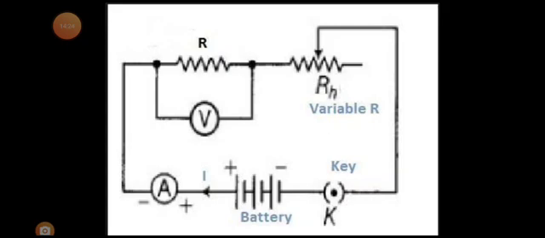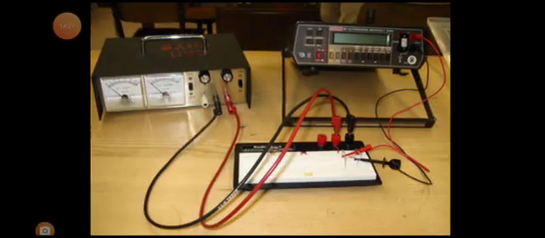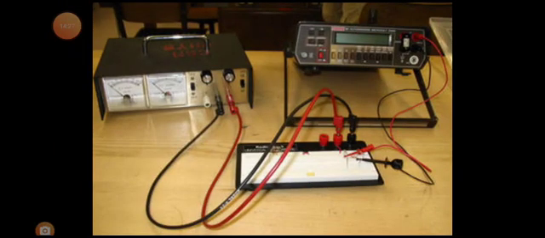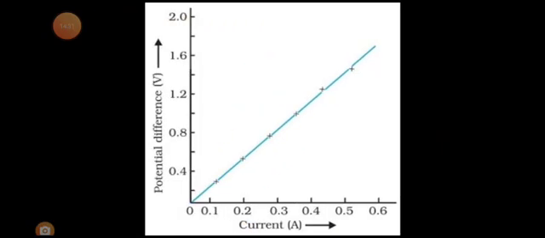So using the values obtained from this experiment, he plotted a graph, and he found that there is a linear dependence between potential difference and current. By plotting the values obtained from this experiment, he observed that a straight line is obtained that passes through the origin.